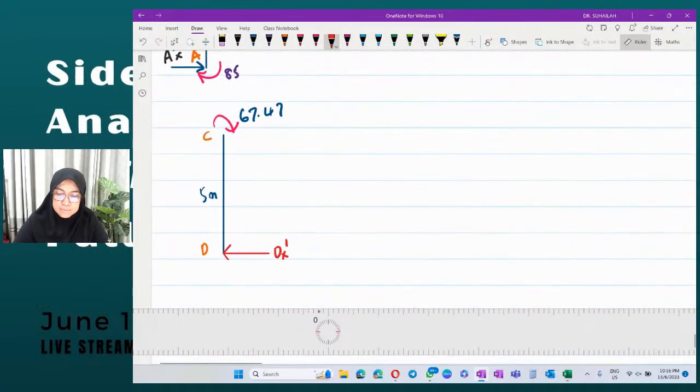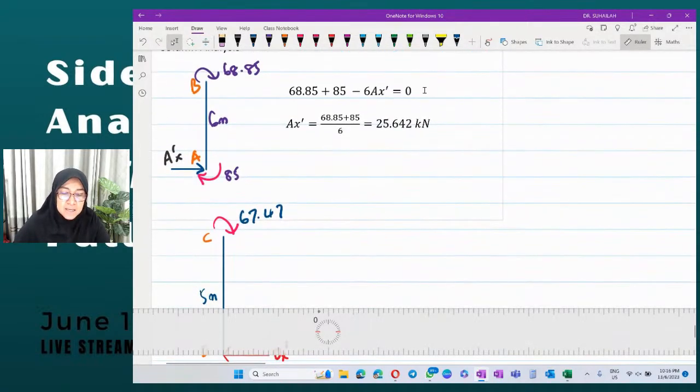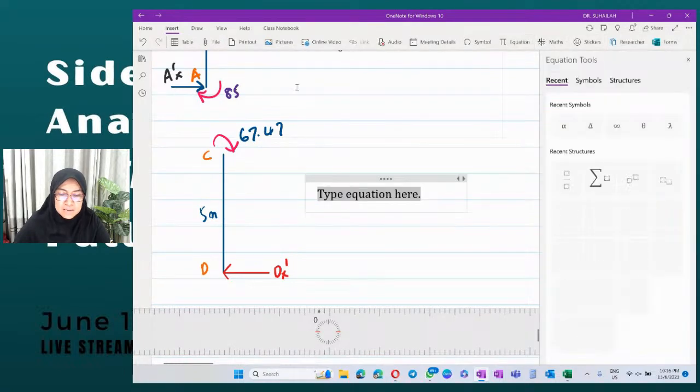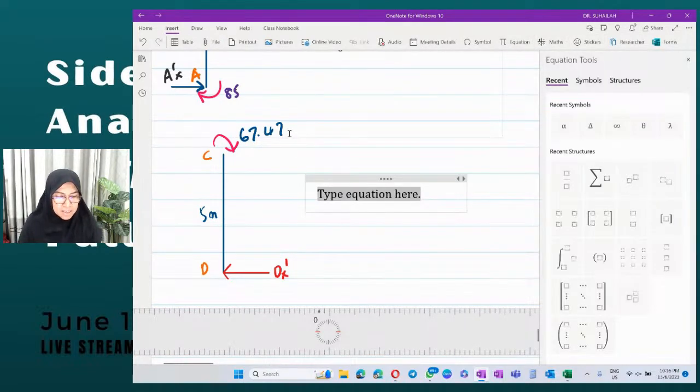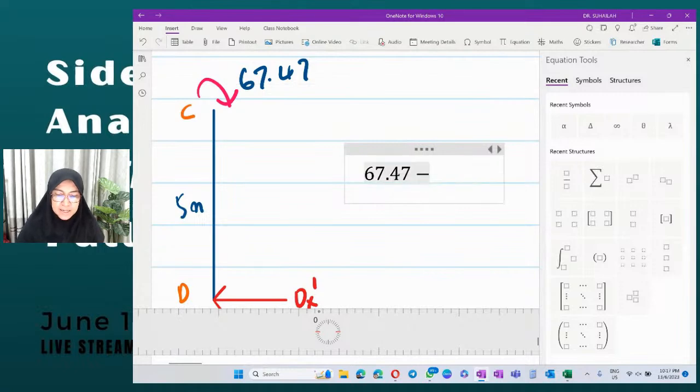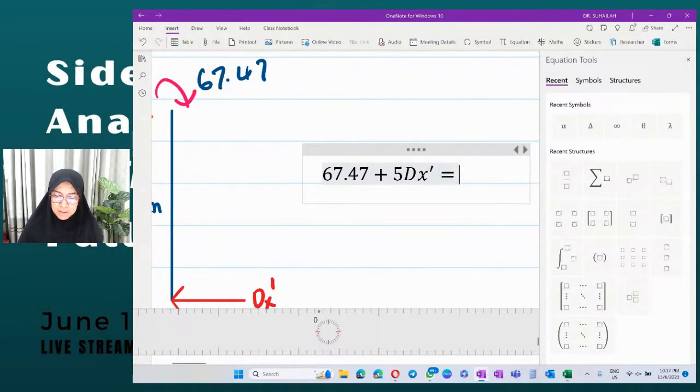So again, taking moment at C, it is 67.47 minus 5 DX prime equal to 0.